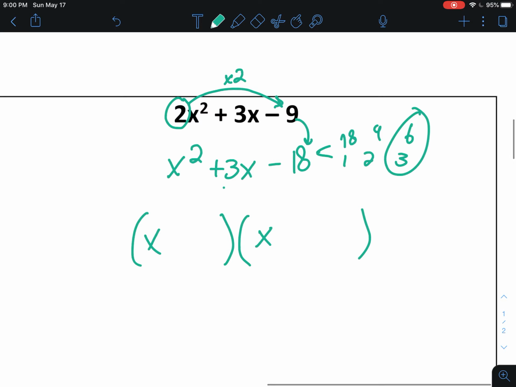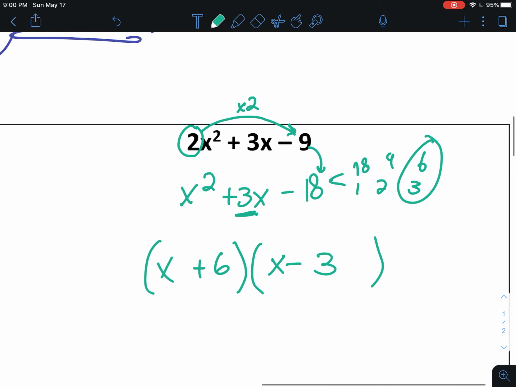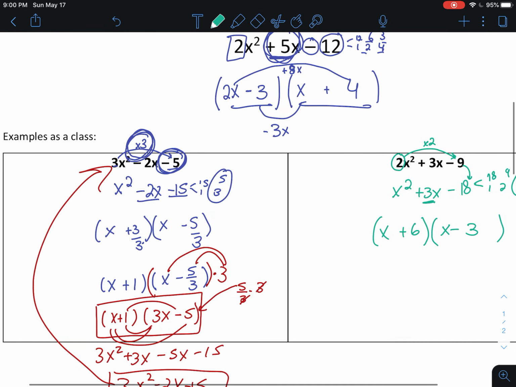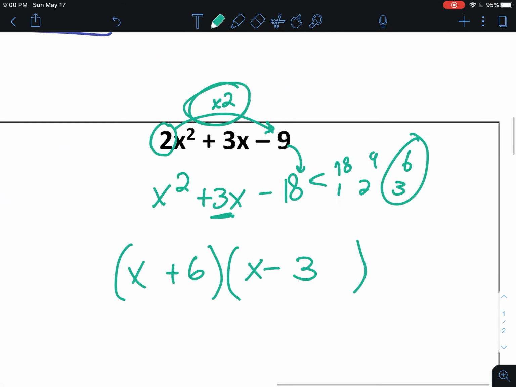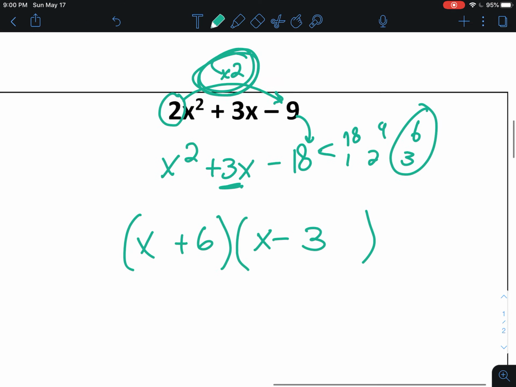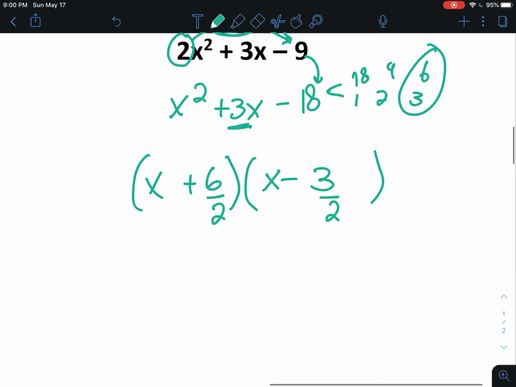It looks like 3 and 6 can make a positive 3, so we're going plus, minus, and then it's going to be minus 3, positive 6. And then just like we did in the last one where we divided by 3, this time, because we multiplied by 2 at the beginning of this question, we're going to divide these terms by 2.